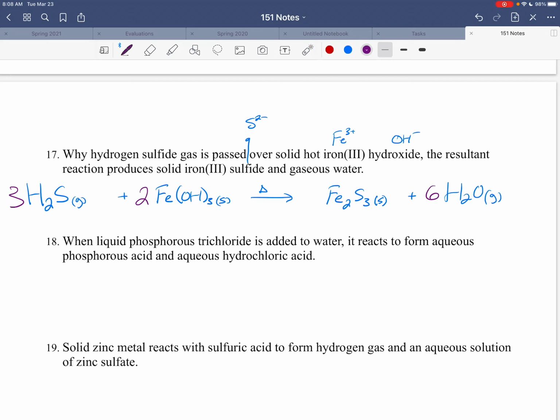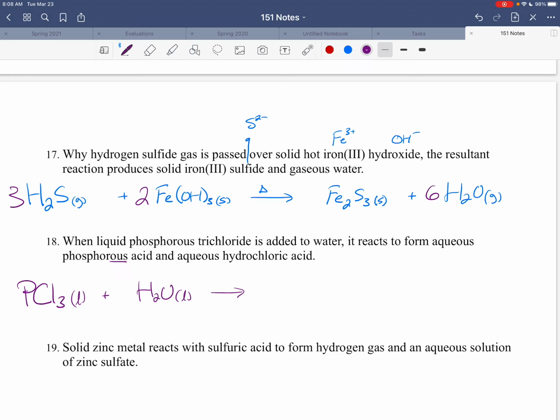Fantastic. When liquid phosphorus trichloride, PCl3, excuse me, let's go with Cl, my eraser here. PCl3 liquid is added to water, H2O liquid. It reacts to form aqueous phosphorous acid.